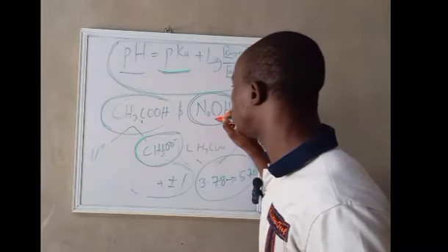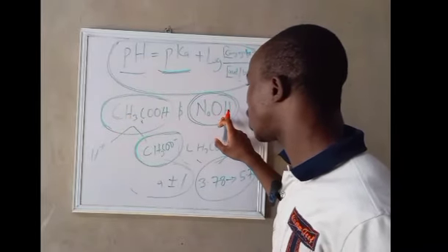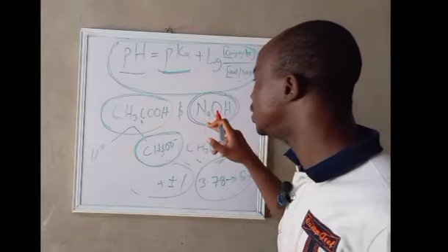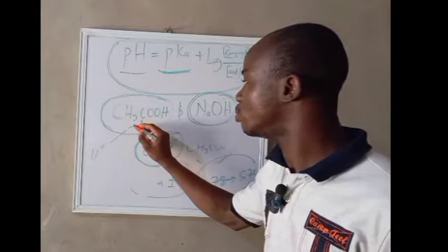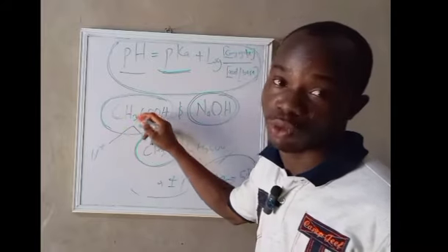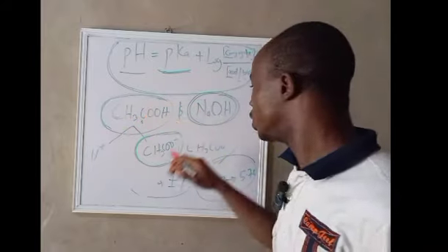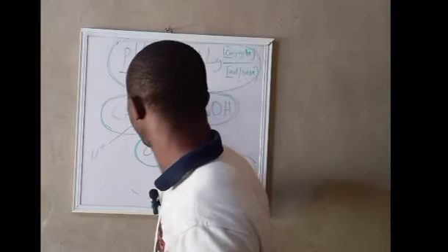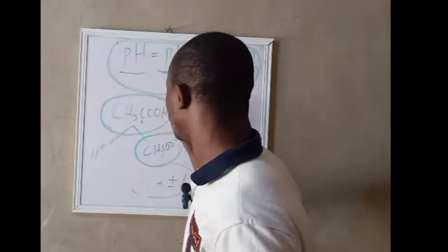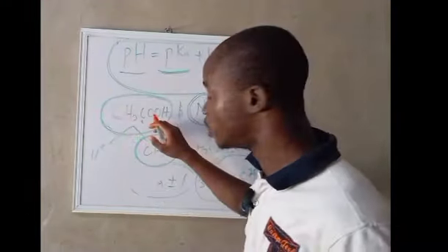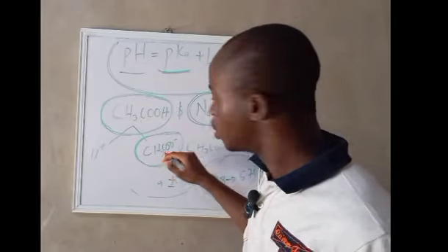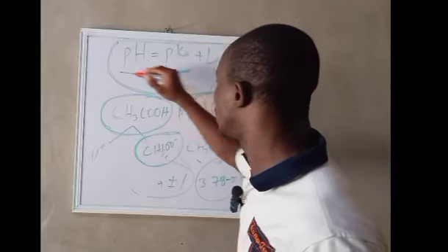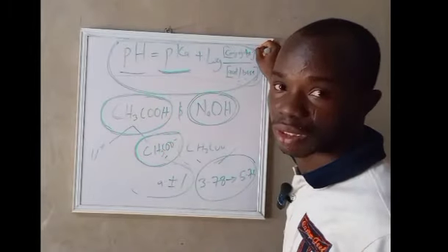But in some cases, the amount of NaOH added might be more than the amount of weak acid that you have. In such cases, all of the weak acid will be converted to the conjugate base, and on such an occasion, this formula will no longer work.